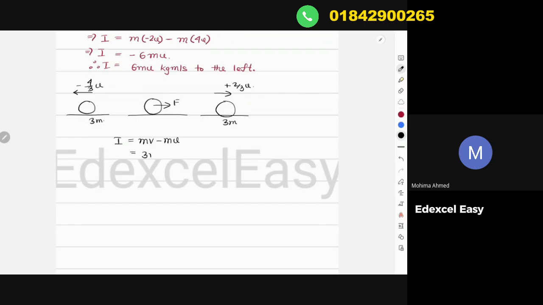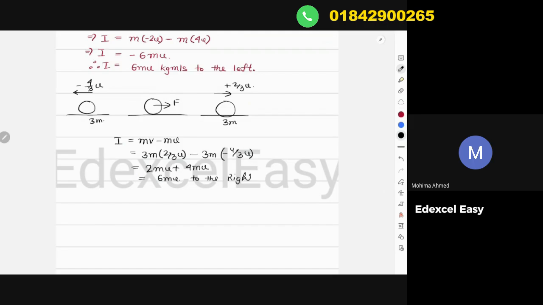So you get 3m with 2 by 3u, and this will eventually become plus, minus 3m times minus 4 over 3u. So you basically get 2mu plus 4mu, which gives you 6mu, right, to the right.